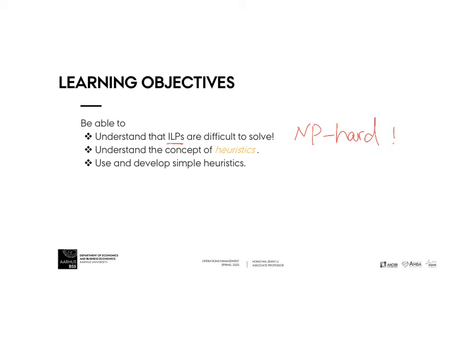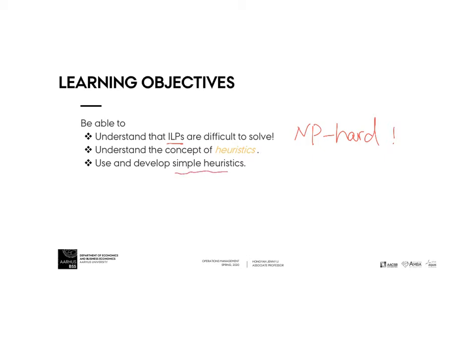So in reality, quite often, in order to solve the problem within the limited time and capacity, we may use a heuristics method to find a good solution, not necessarily optimal, and be able to use and develop simple heuristics.